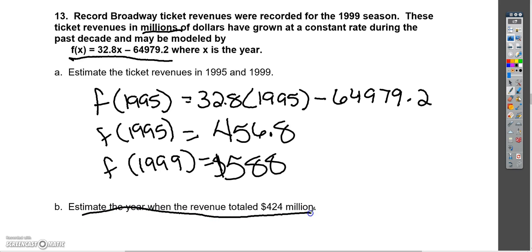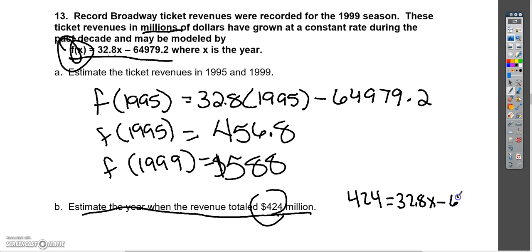This one, it's wanting you to estimate the year when the revenue totaled $424 million. So that means we're going to put it in place of f of x. And so that would be 424 equals 32.8x. So we add and add.